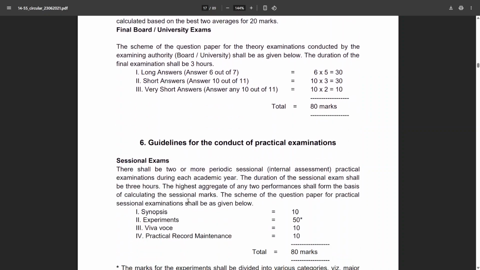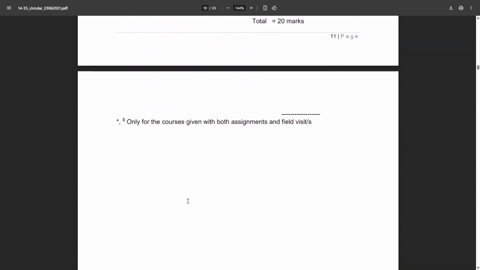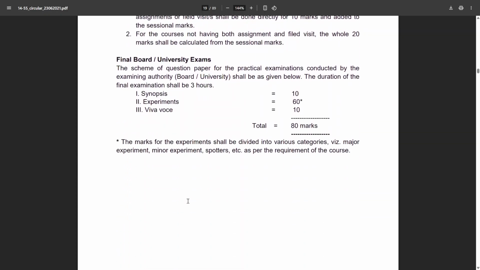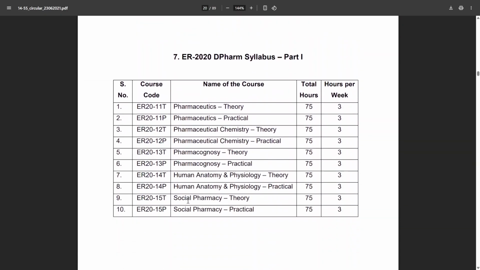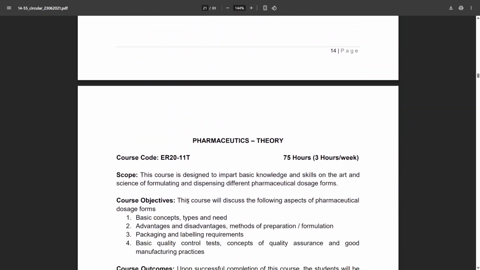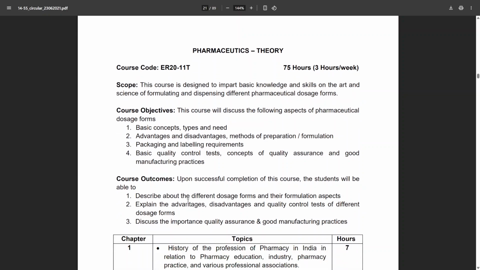We are directly going to the syllabus now. This is part 1. First subject, pharmaceutics theory. Let's take a look at this syllabus.